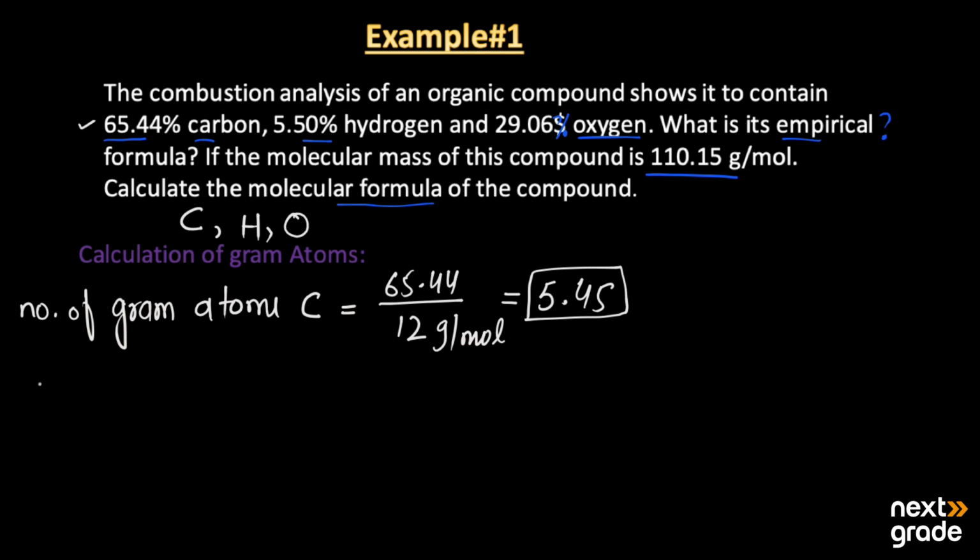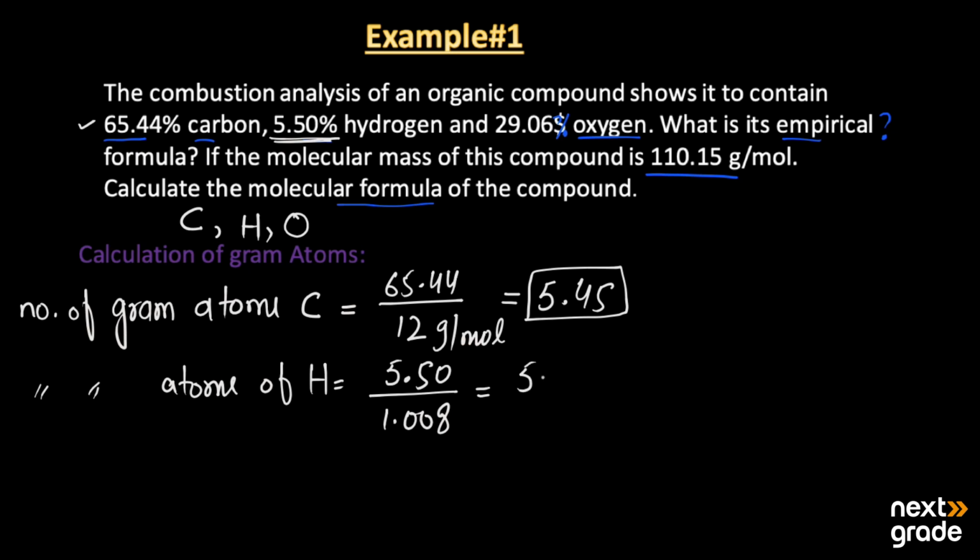Next we have the number of gram atoms of hydrogen. For this we need its percentage, which is 5.50, divided by its mass number, which is 1.008 gram per mole, and the answer we have is 5.46. This is for hydrogen.